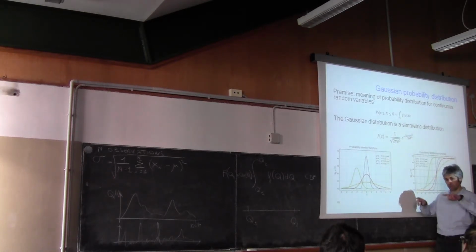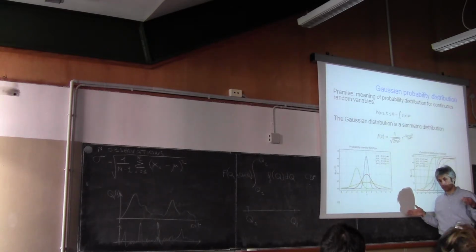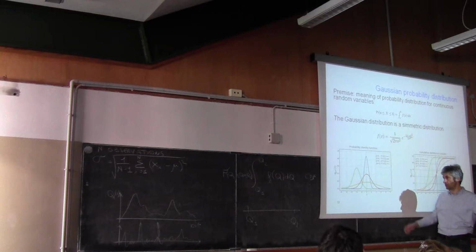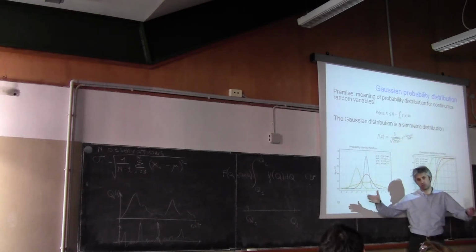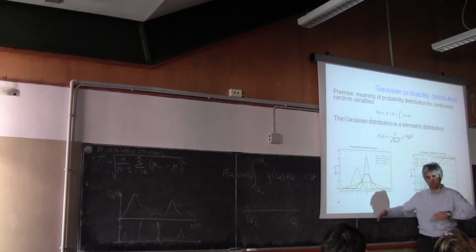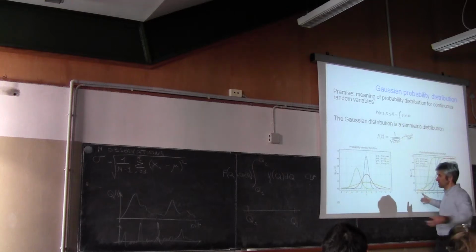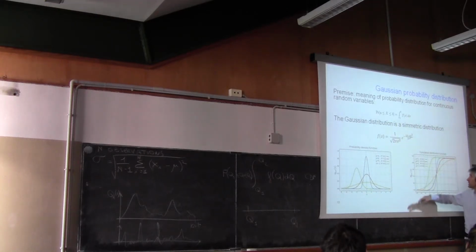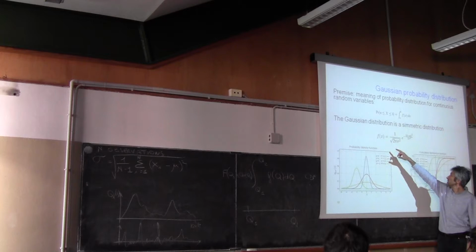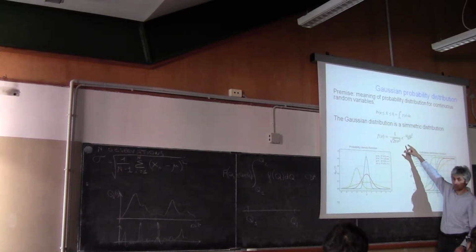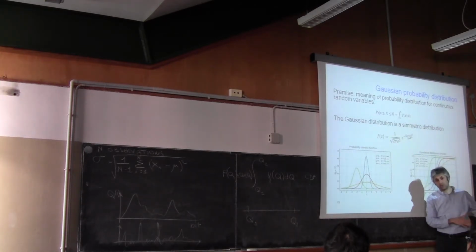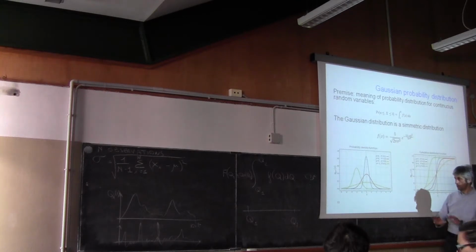So the random variable described by the Gaussian distribution is not limited. It's extended from minus infinity to plus infinity. Of course, here the extension is limited because the blackboard is not extended to infinity, but in principle, you can get probabilities for any value of x extended from minus infinity to plus infinity.